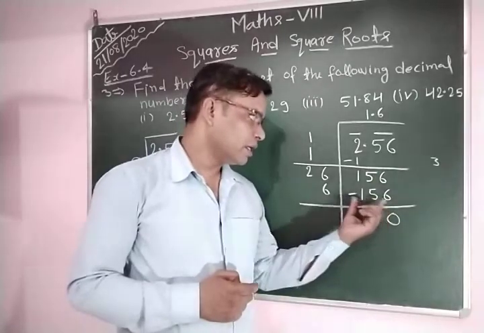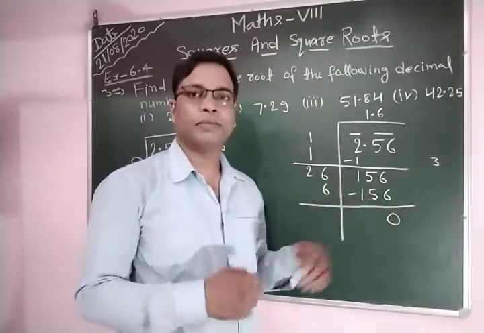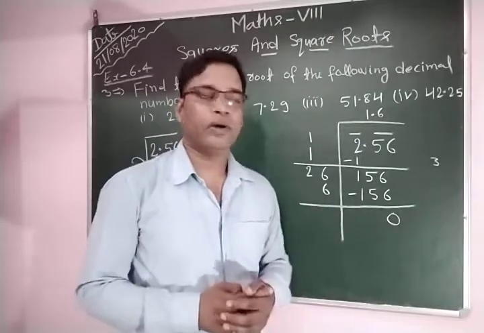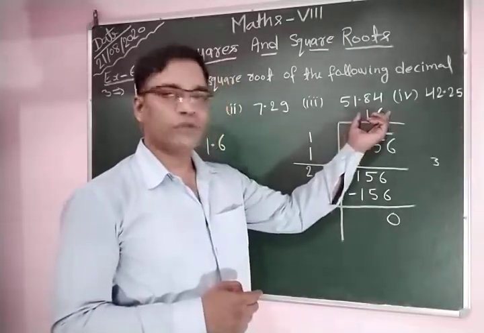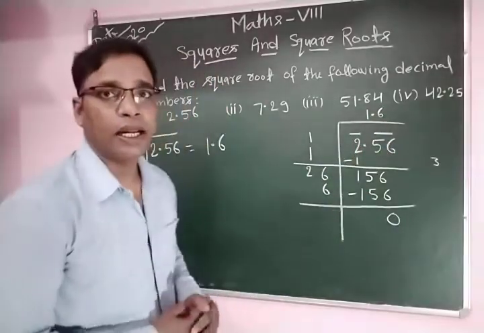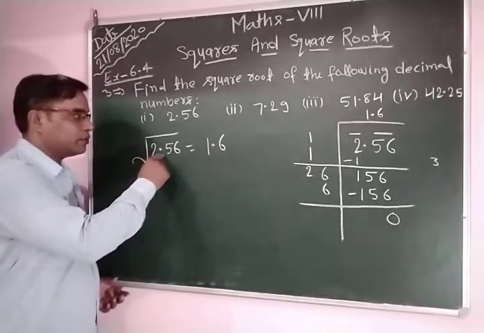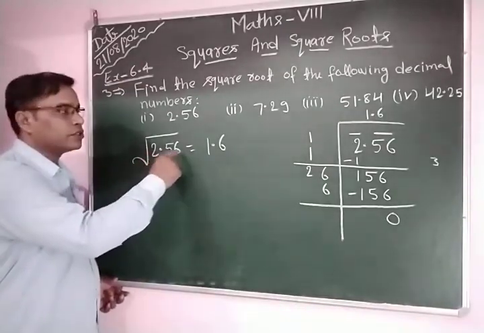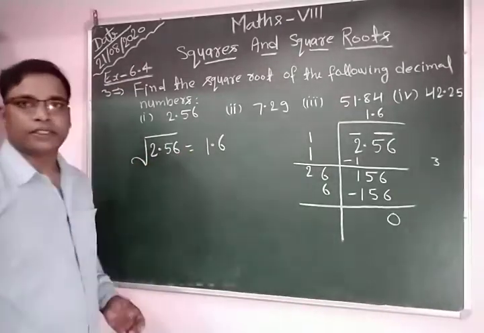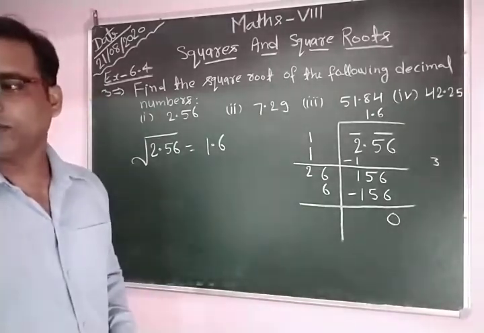This way you obtain 26 into 6 is equal to 156, and subtract this and you obtain 0. And our quotient is 1.6. This is the square root of 2.56, and you can write here the square root of 2.56 is equal to 1.6. Clear? So students, I hope all of you understood this question.